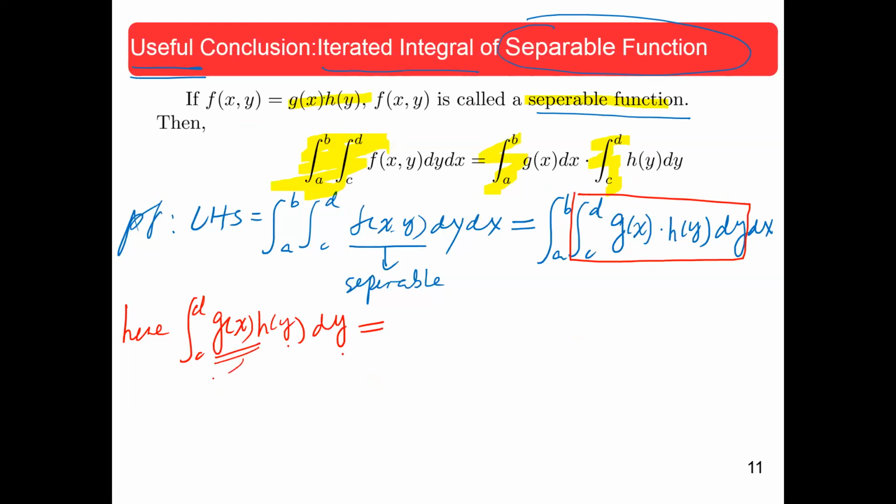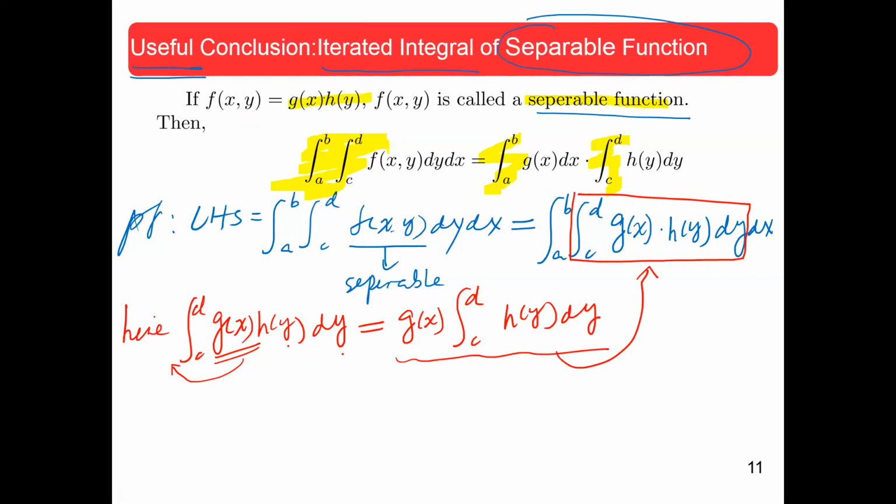Same thing again, we can pull this constant coefficient to the front. That will be g of x times the integral c to d, h of y, dy. Is that good? Okay. And we don't know what h of y is here, so we can just leave this integral as it is. That part would match this box.